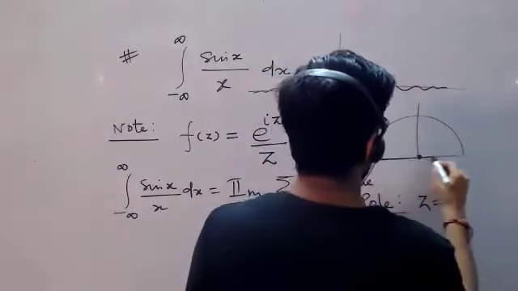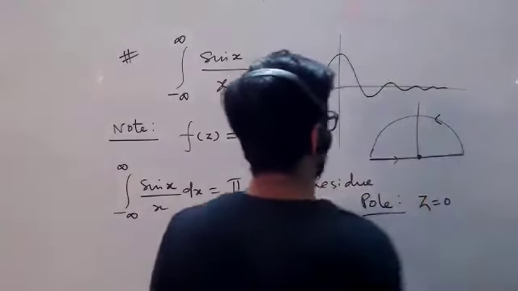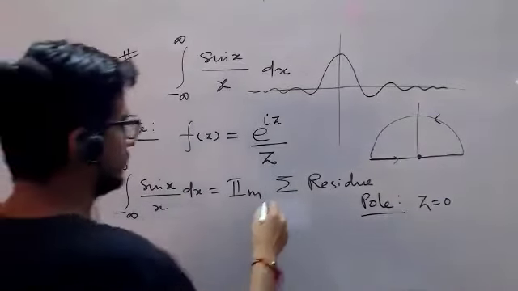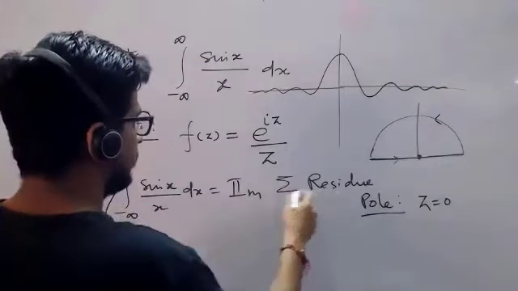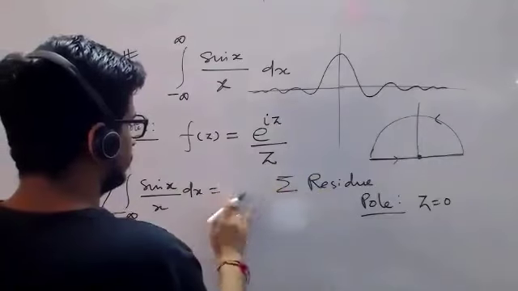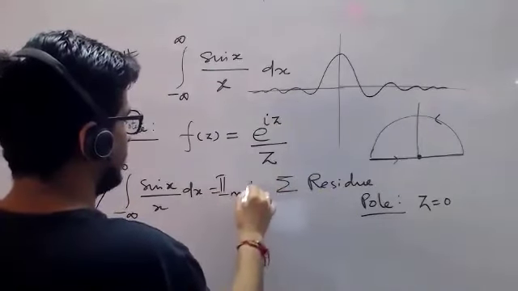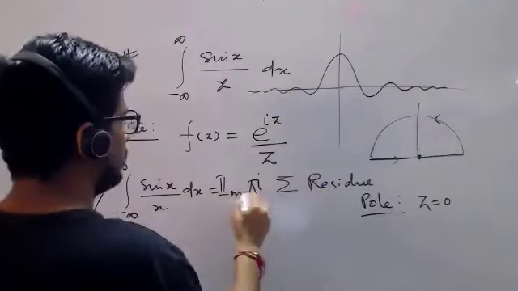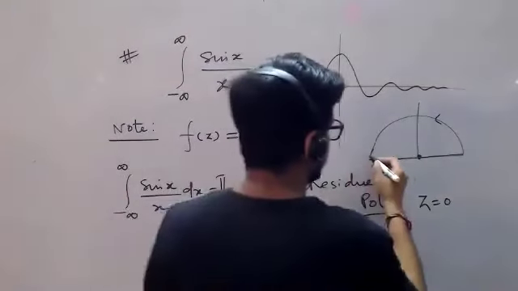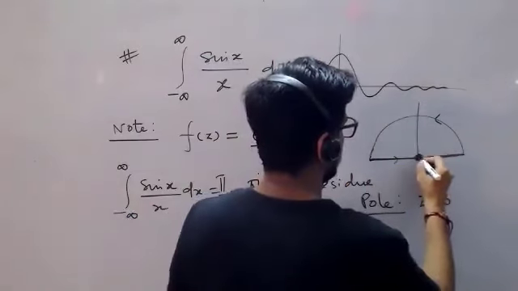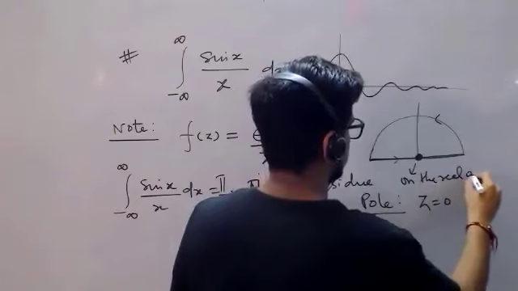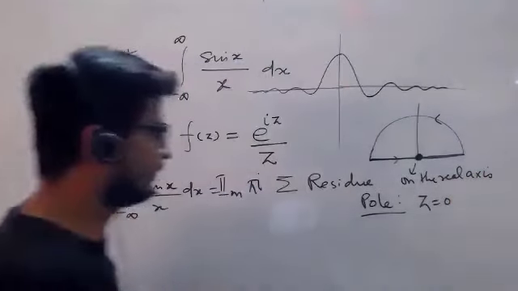I will write the imaginary part of pi i into the sum of residues, instead of 2 pi i, because the pole is on the contour, on the real axis.